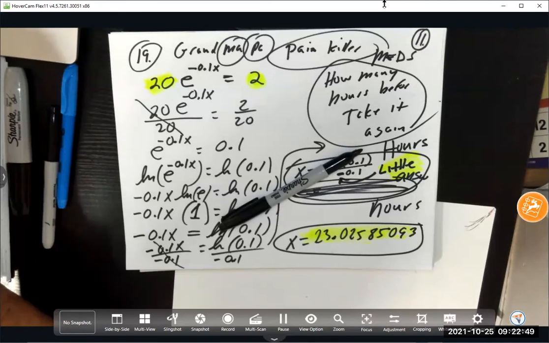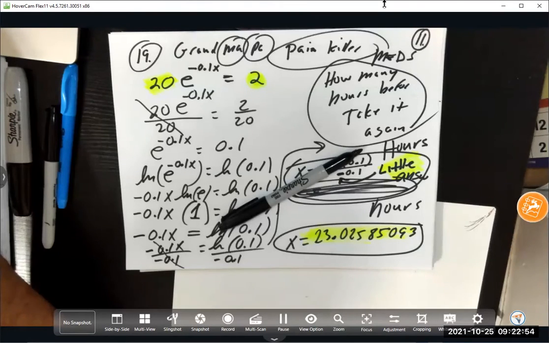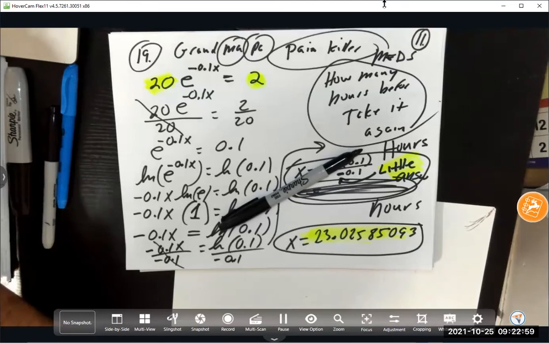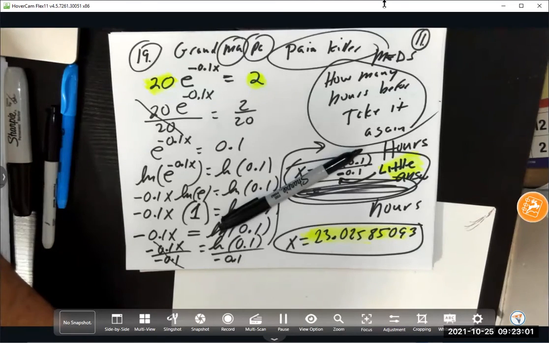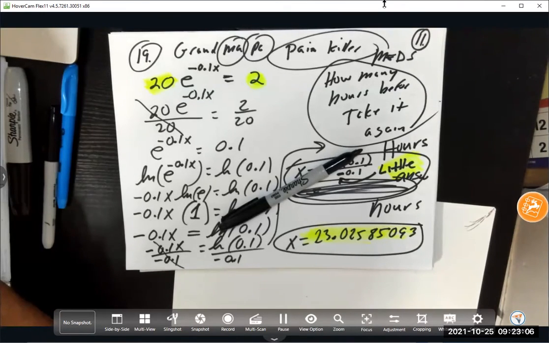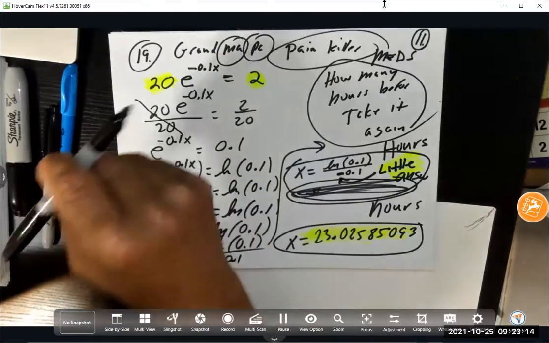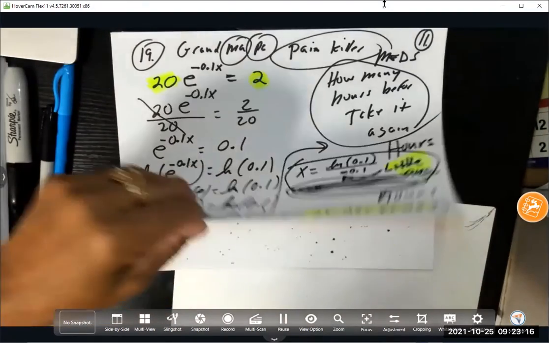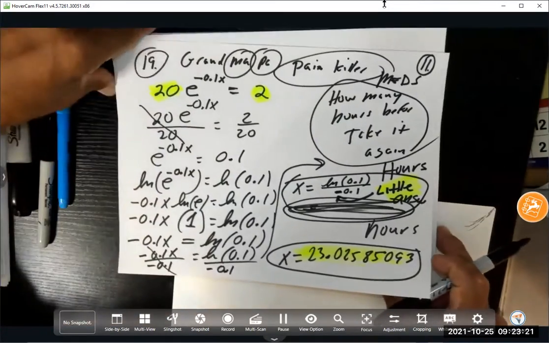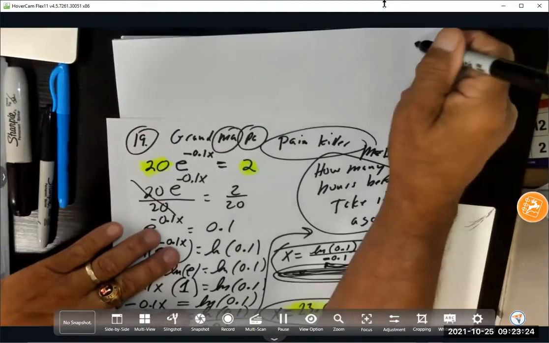All right, let me do this one. All right, let's do this one. I'm gonna change the numbers. Ready? This is page number 12.